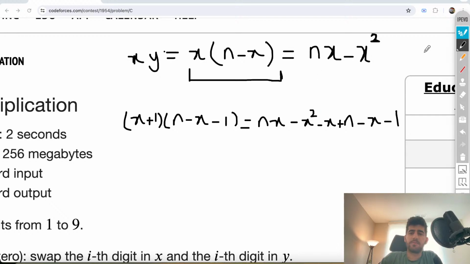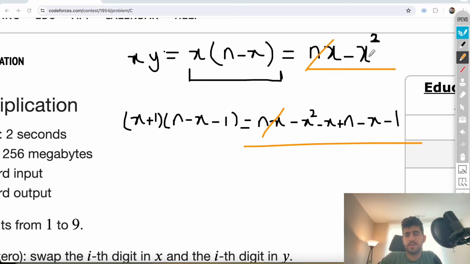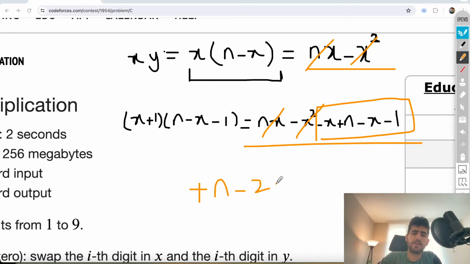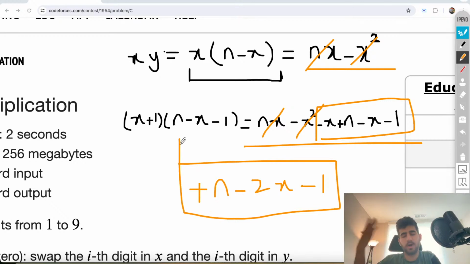And if you want to compare these two numbers and see which one of them is greater than the other one, nx is the same, x squared is the same. So what we have is that when we add 1 to x, the total number will increase by n minus 2x minus 1. So it just shows that it's optimal to add 1 to x if x is less than n half.